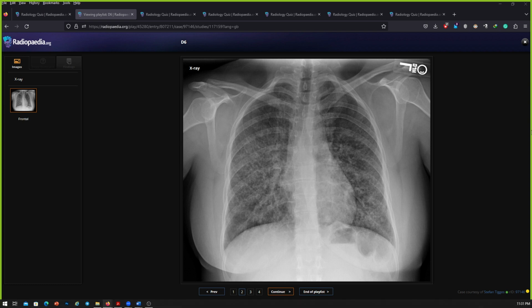Based on these findings, my provisional diagnosis could be cryptogenic organizing pneumonia. Okay, so what do you do next? I would convey my findings to the referring physician and ask to get a CT chest for further evaluation.